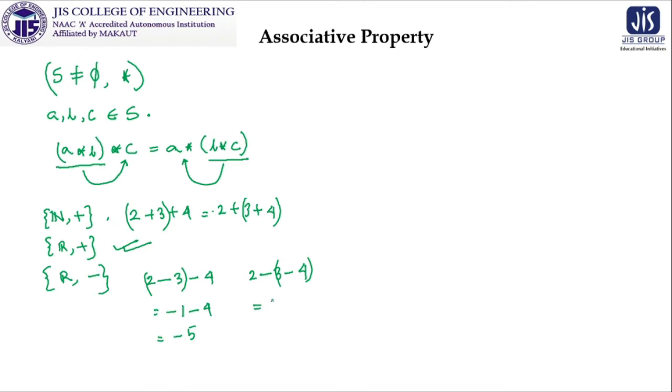And what we are getting here, 3 minus 4 is minus 1, so we are getting 2 plus 1, that is 3. Are they same? So this is not associative.